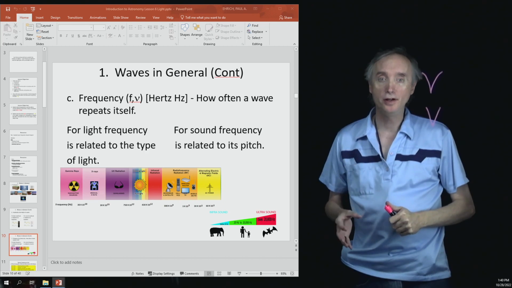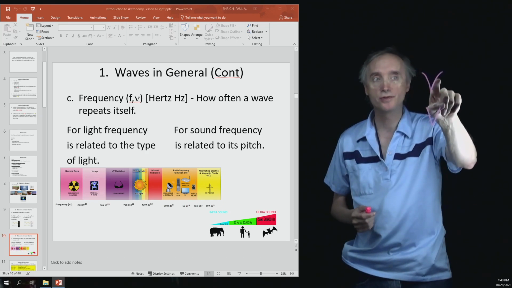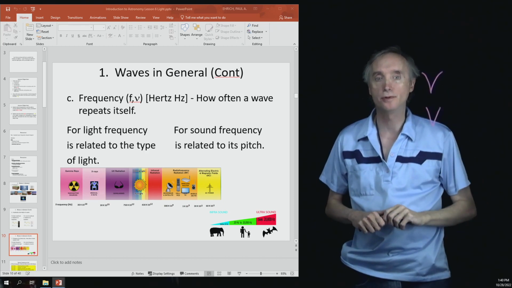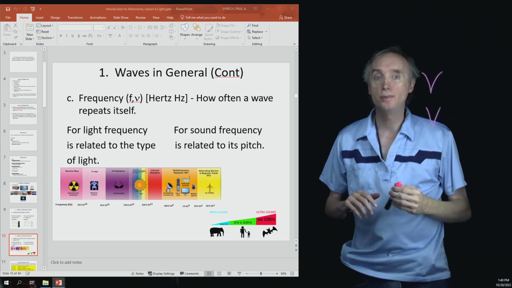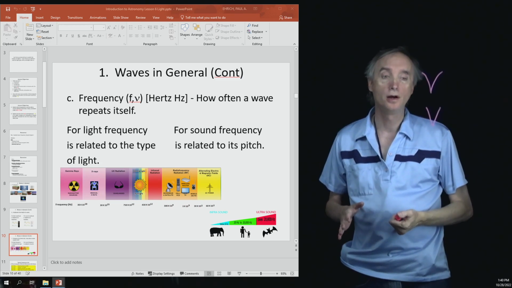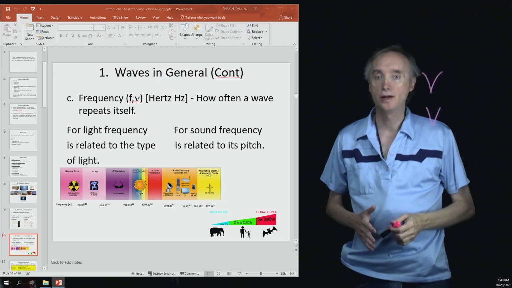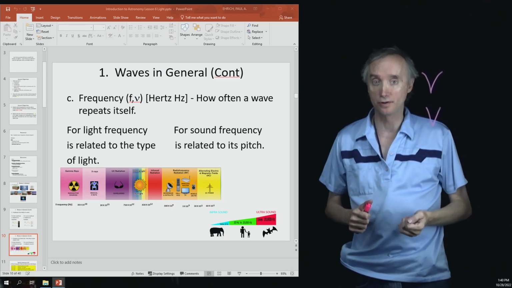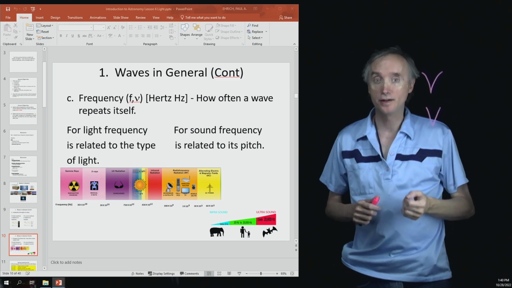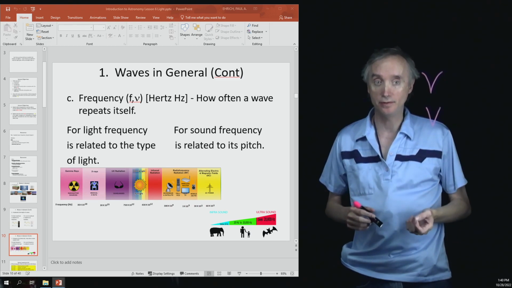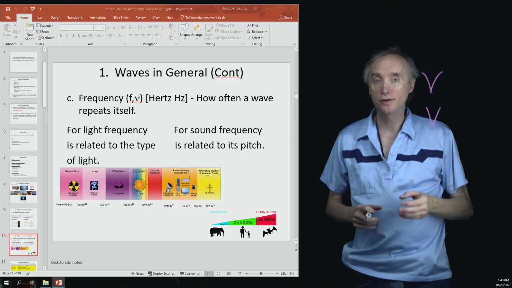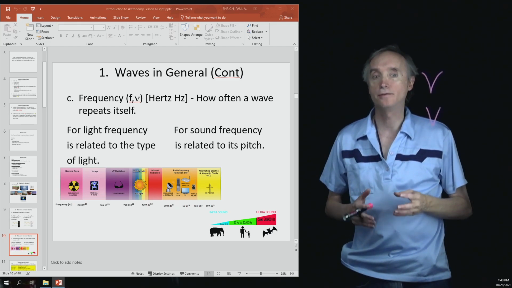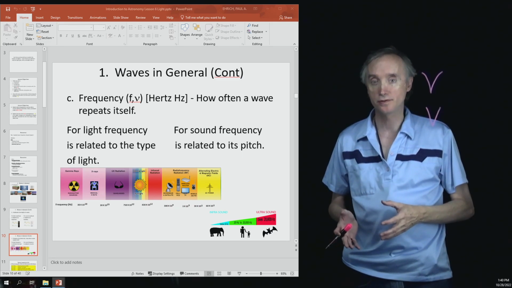So frequency, and I'm going to try to use this letter to represent frequency, is how often a wave repeats itself, and its official metric unit is called the hertz, abbreviated Hz. So different kinds of light have different frequencies.